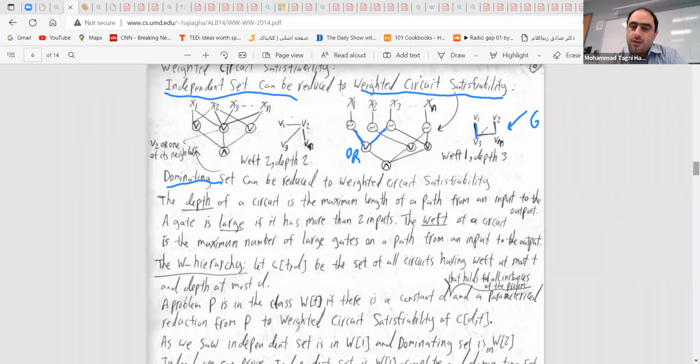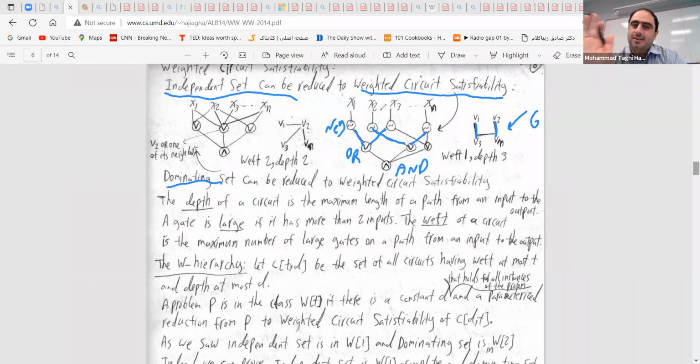For example, if there is an edge between v2 and vn, I create another one of these, and so on. Then I will take the AND of everything. So this is negation, OR, and AND.